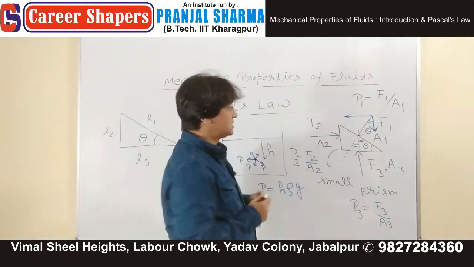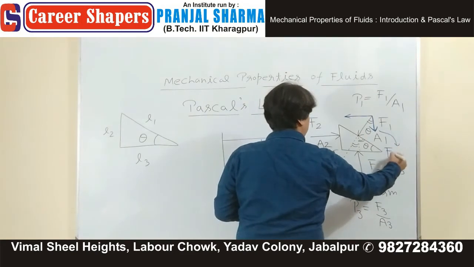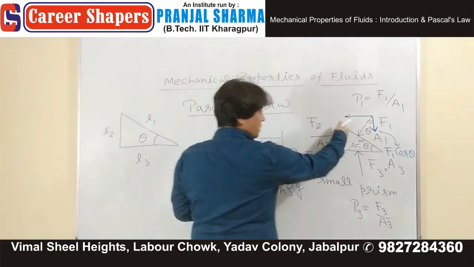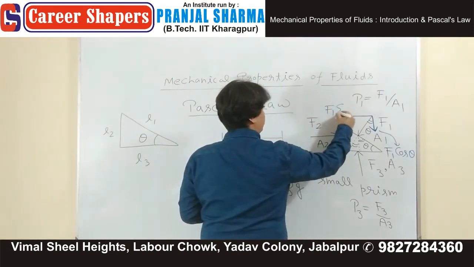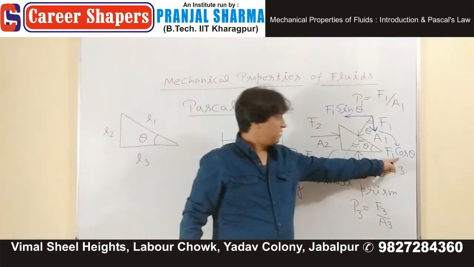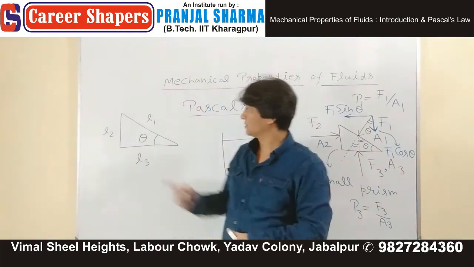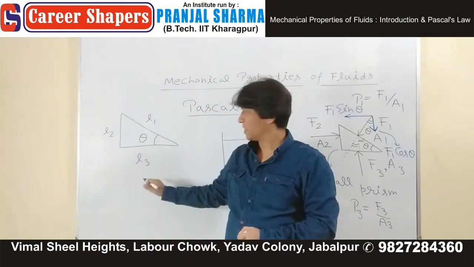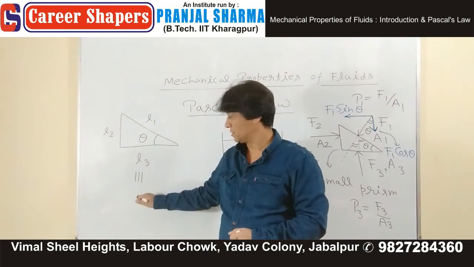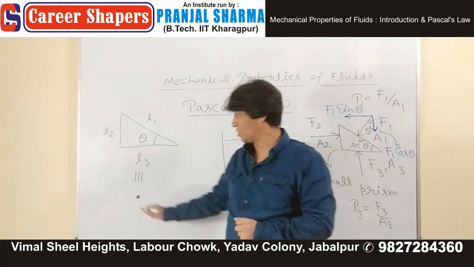And therefore, this downward component is F1 cos theta, and the horizontal component is F1 sin theta. F1 cos, F1 sin. Which means in this figure, this whole thing, if you consider it just as a point, then the way forces are acting on it is this.